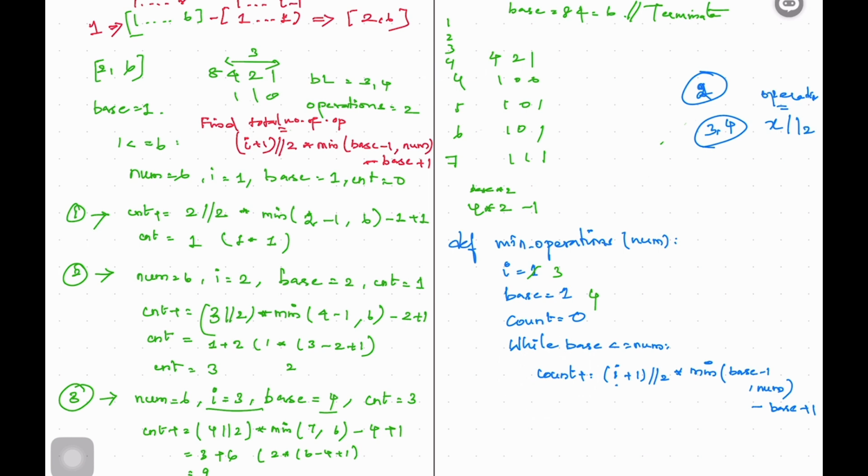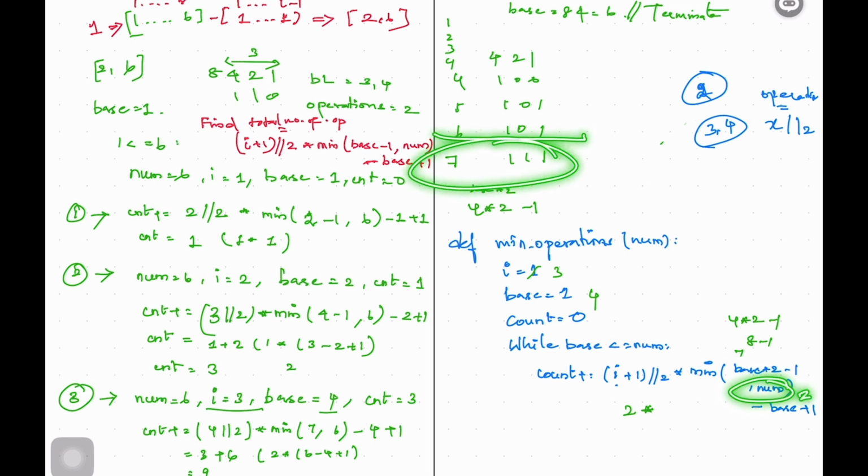So for binary length 3, the number of operations will be 2. Star min of, here our base is 4, 4 star 2 minus 1 is 8 minus 1, 7. So till 7 you will have binary length 3, but our num is till 6 only.